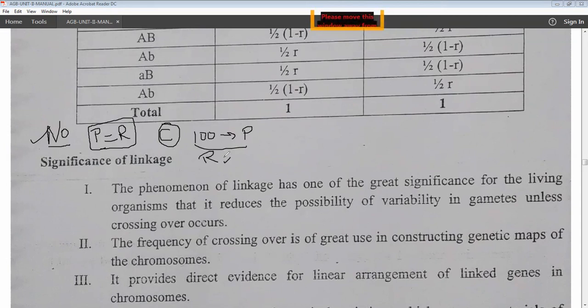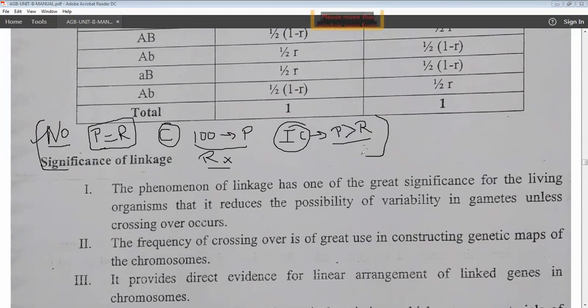Recombinants will be 0. If the linkage is incomplete, then in this particular situation the proportion of parentals will be higher than the recombinants.